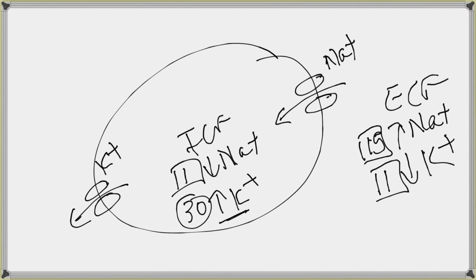So again, if you don't get this time, it's totally fine. If I started out with a neutral ICF and a neutral ECF, electrically neutral, I had no charge, okay? And then I let this positive ion diffuse out more quickly than the other positive ion diffused in.